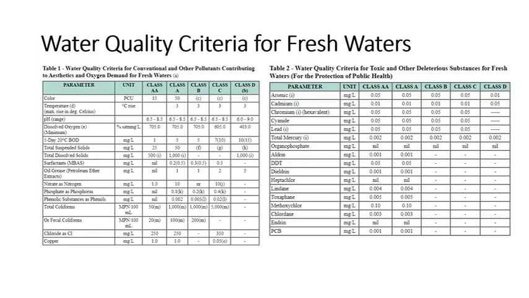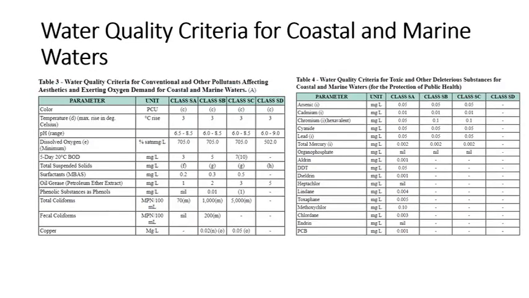I already discussed the individual criteria. And then this is the criteria for coastal and marine waters. Again, the table on your left is for the conventional pollutants, and the table on your right is the criteria for toxic substances.